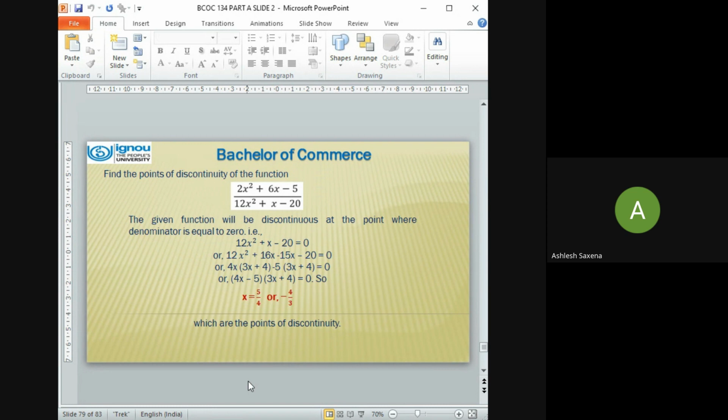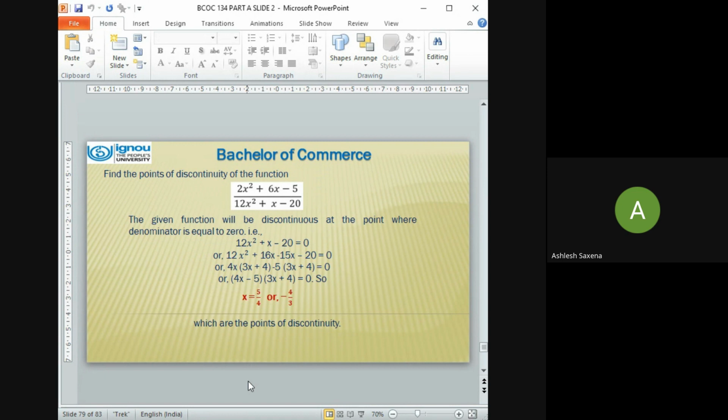Multiply 12 by 20, you will get 240. Now split 240 in such a form that if you add or subtract, you get plus 1. So you can see that plus x has been split in the form of 16x minus 15x. So your second line is 12x squared plus 16x minus 15x minus 20 equal to 0.